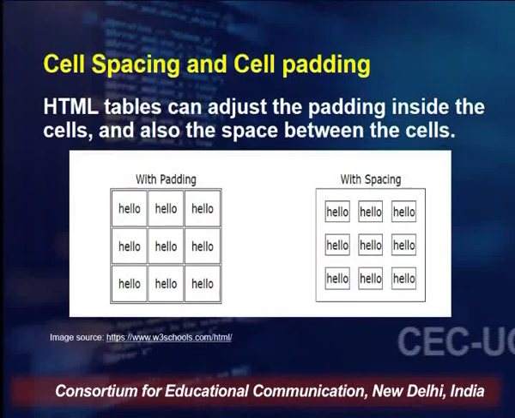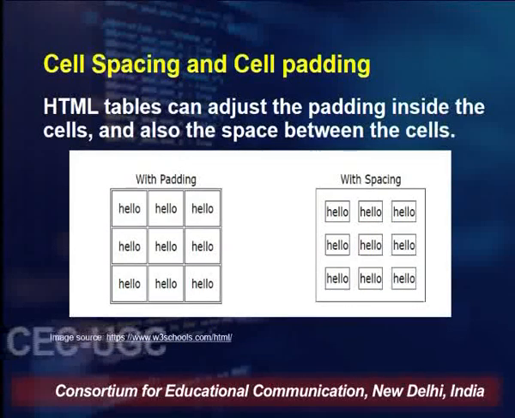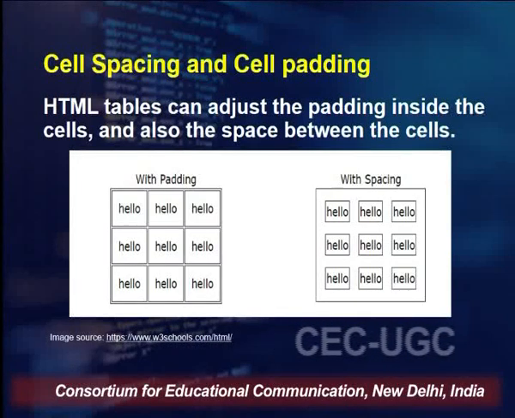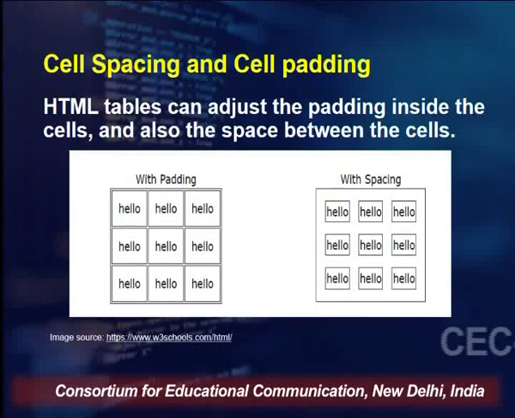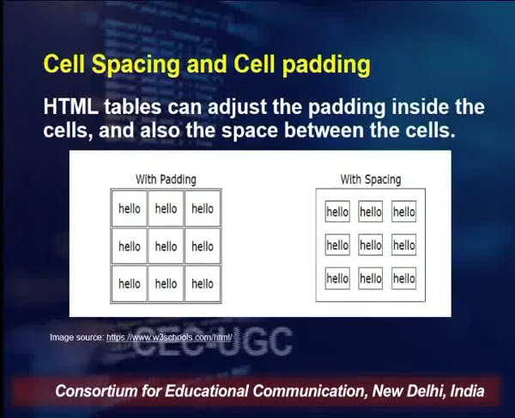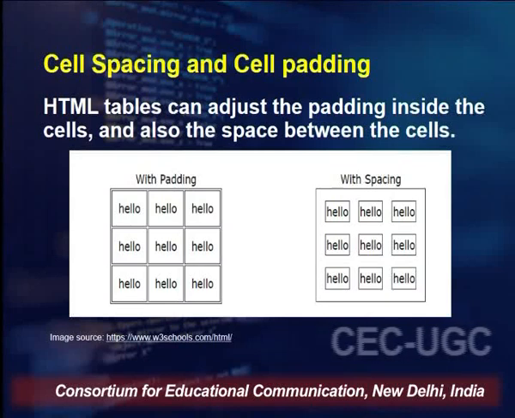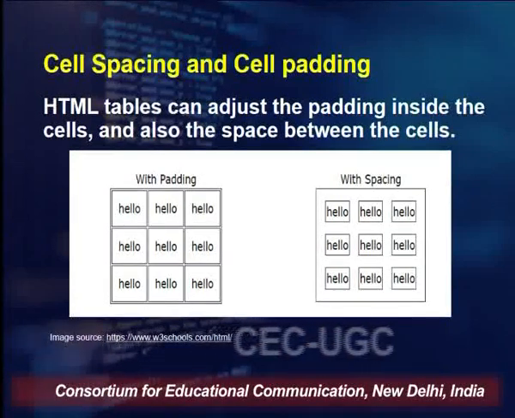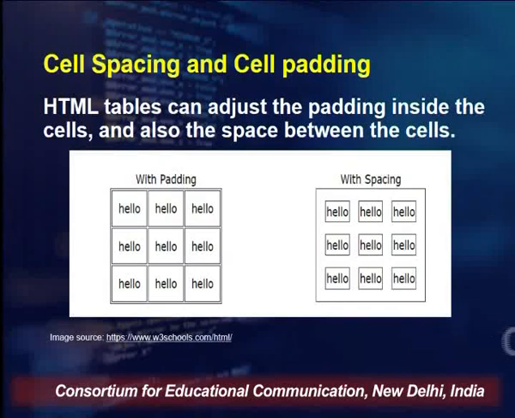So padding basically is, I can say, the space between the contents of the cell and the border of the cell. The more the value of the cell padding attribute, the more will be the space between the border of the cell and the content of the cell, and which you can see here is the width padding.